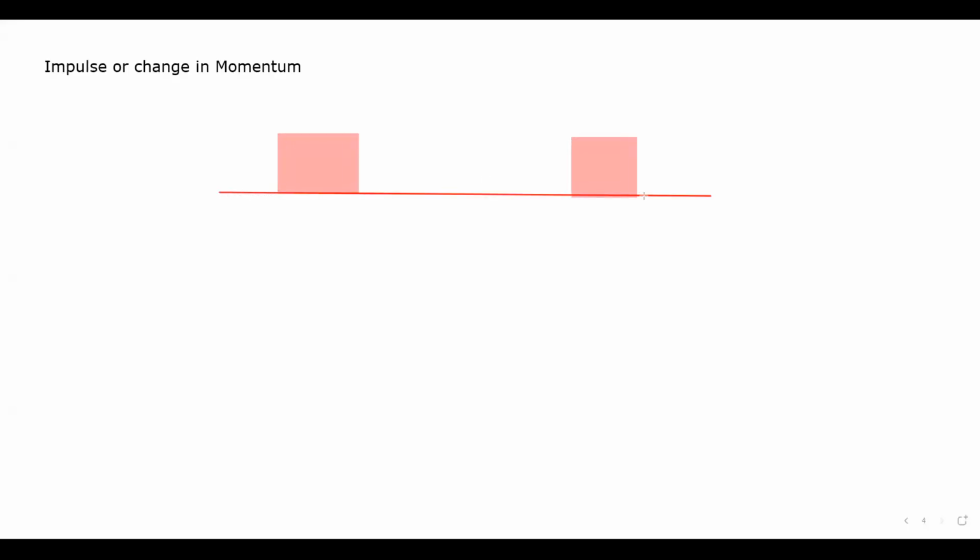Another example for the impulse or the change in momentum. An object is moving on a horizontal surface and bounces back.